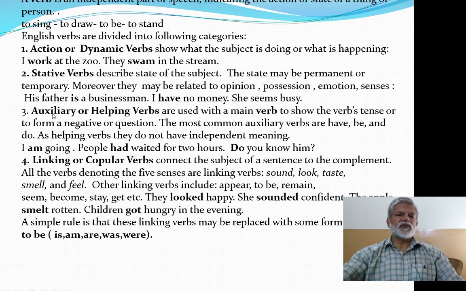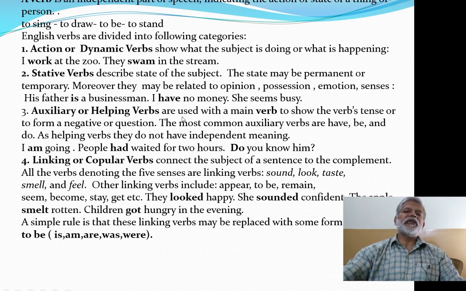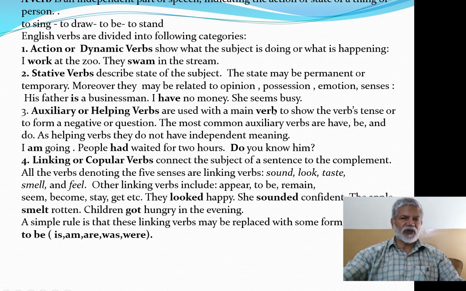Then there are auxiliary or helping verbs which are mainly used with the main verb. We call them auxiliary or helping verbs because these verbs help the main verb of the sentence to express its meaning.